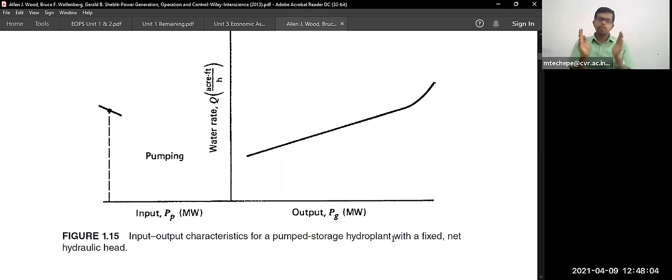Non-peak hours are around 11, 12 to 1 or 2 o'clock, and also night time, which is non-peak for industrial but is the peak hour for domestic.